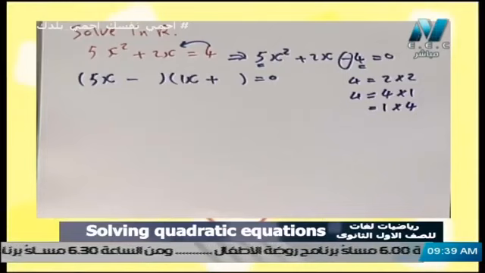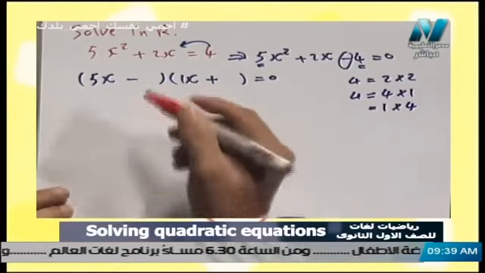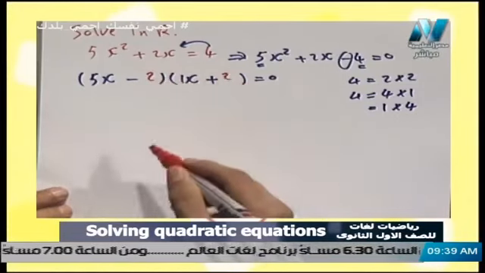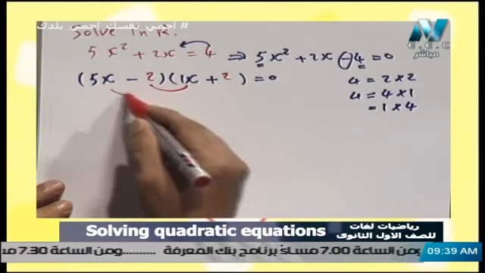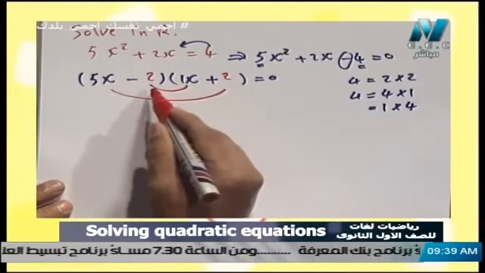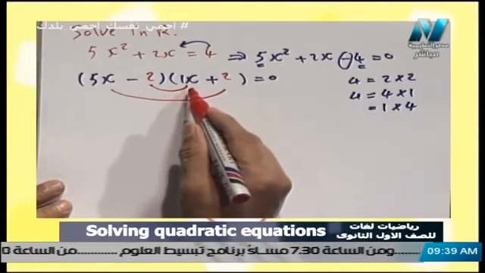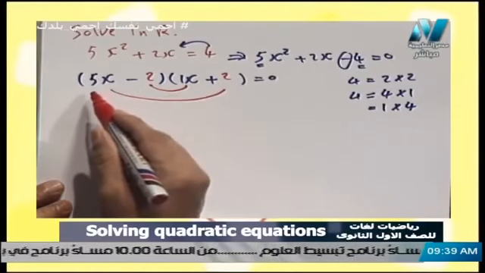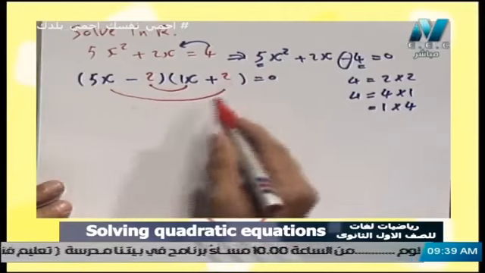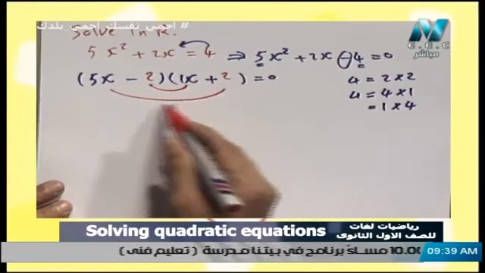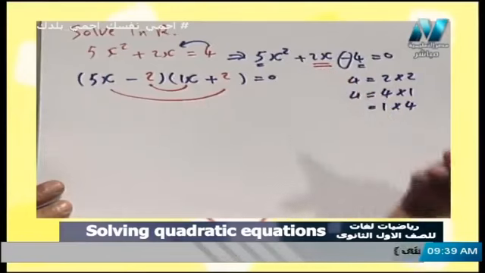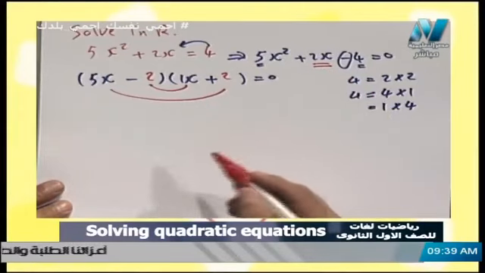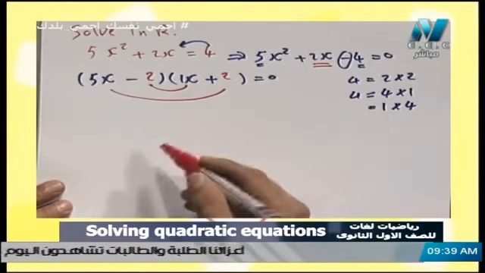Okay, first we will put 2 multiplied by 2 to check. Find the product of means and product of extremes. The product of means here is negative 2x and the product of extremes equals 10x. Negative 2x plus 10x equals 8x, but the middle term here equals 2x, so it's not 2 by 2.